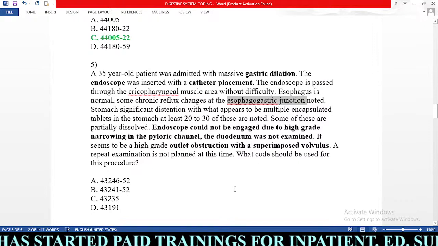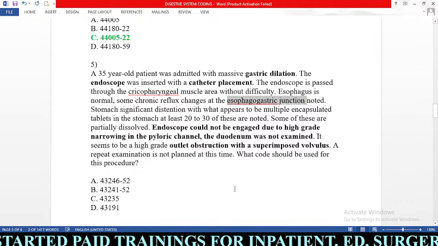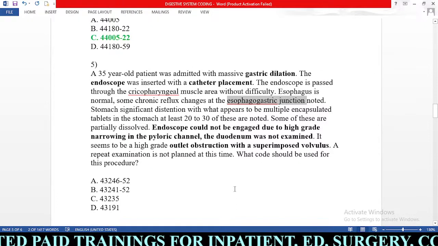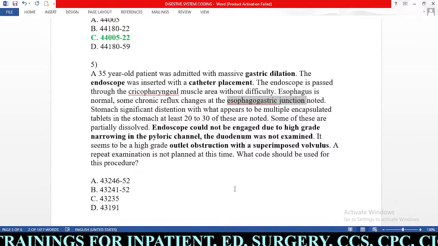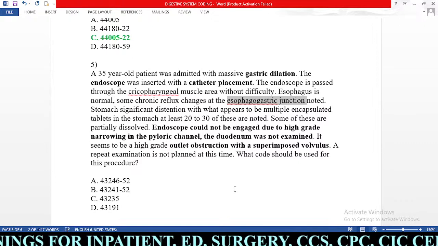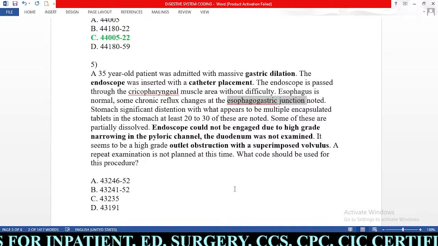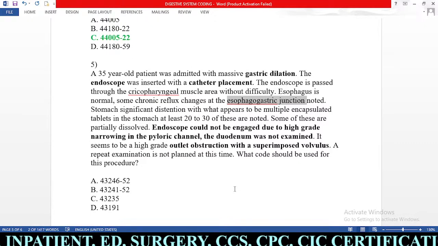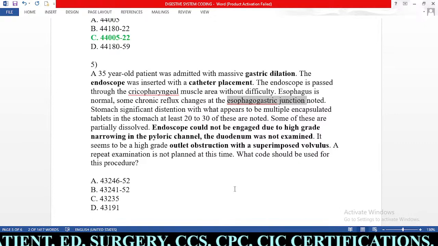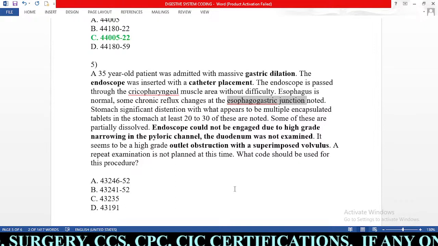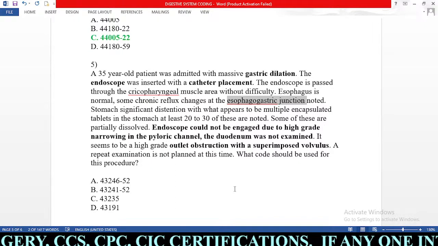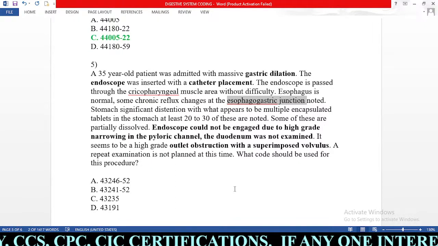So directly we will eliminate 43191. So we will check 43235. 43235 is EGD diagnostic. Here it is not a diagnostic procedure. Here the physician has performed the catheter placement also. So we will eliminate 43235 also.